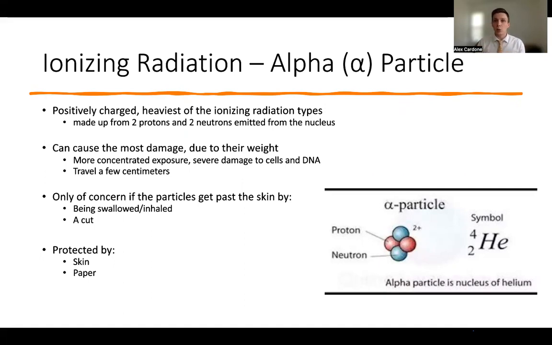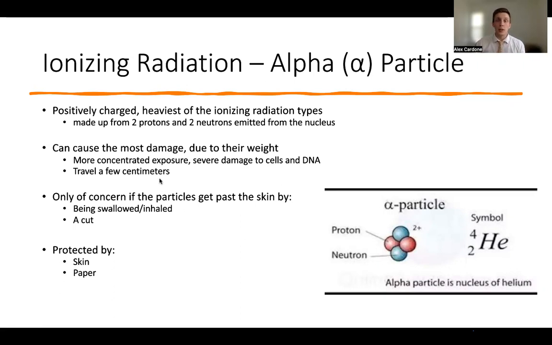The alpha particle is also otherwise known as, and illustrated here in the picture, a helium atom. It's the exact same. So whenever radioactive decay occurs and the element gives off an alpha particle, it's literally giving off a helium atom. That's definitely an important thing to know.